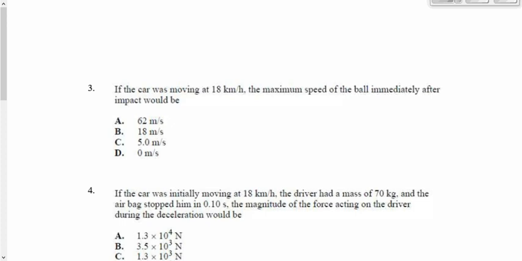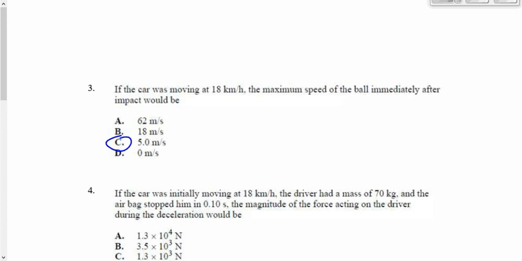If it was moving at 18 with the car and the car stops, what's the maximum speed the ball can go? 18. So the answer is what? C, because it's 18 kilometers per hour or 5 meters per second. Don't get tricked by that dirty, rotten trick that they tried to pull on you.